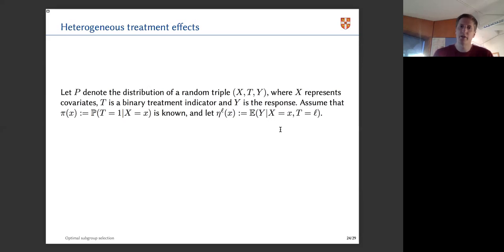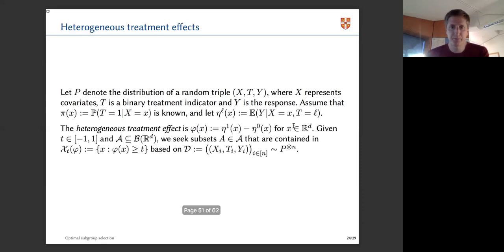But I want to argue that I can extend the ideas to the heterogeneous treatment effect setting, where in addition to your covariate response pairs, you have a binary treatment indicator that I'll call T. I'm going to assume here that the propensity score, the probability that I could get treated given a particular vector of covariates, is known. And then I've got two different regression functions according to whether I'm treated or not.